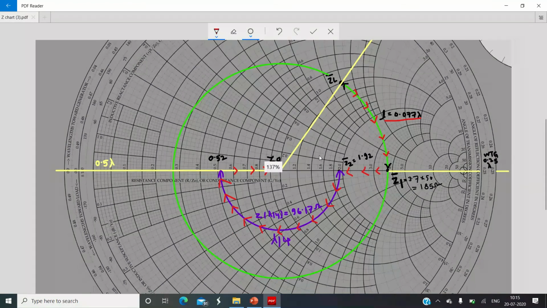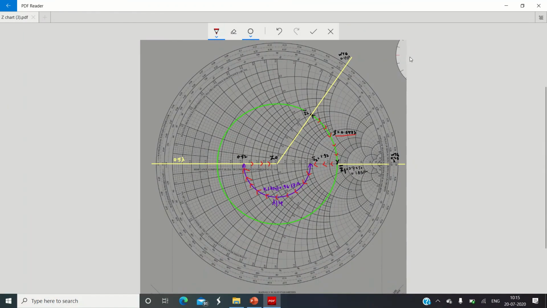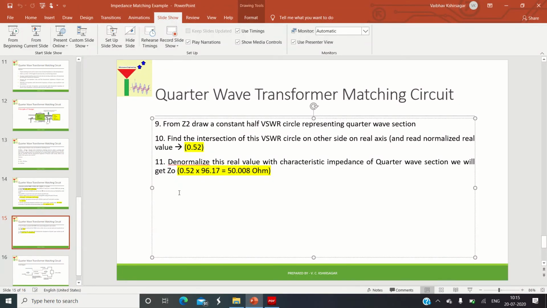So this is the entire work of the design of the quarter wave transformer. This is the complete design, and finally we reach the center of the Smith chart.